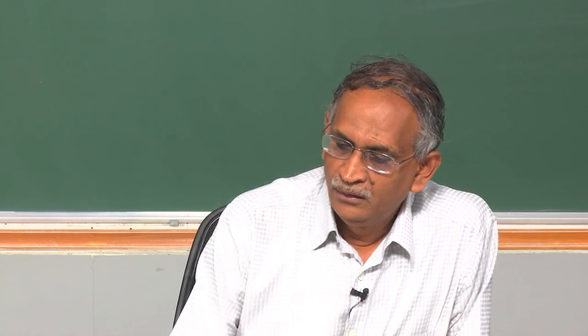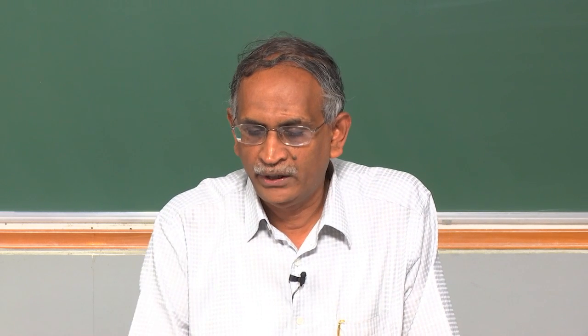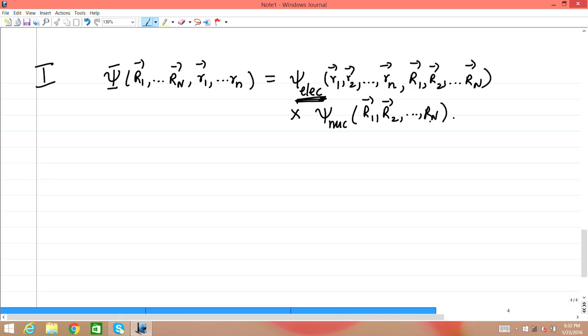Okay. Electronic wave function is a function of all the coordinates. The nuclear wave function is a function of only the nuclear coordinates. What does that mean?